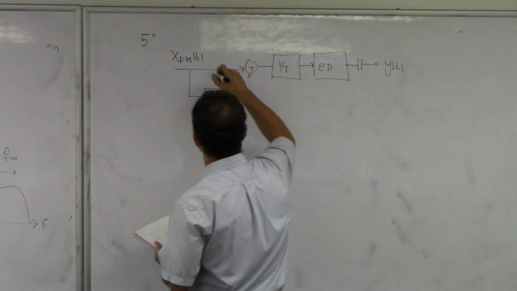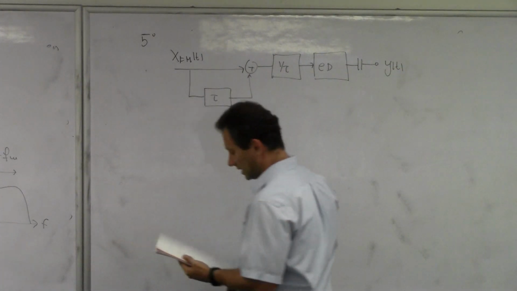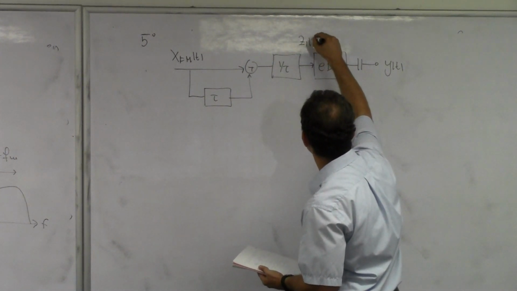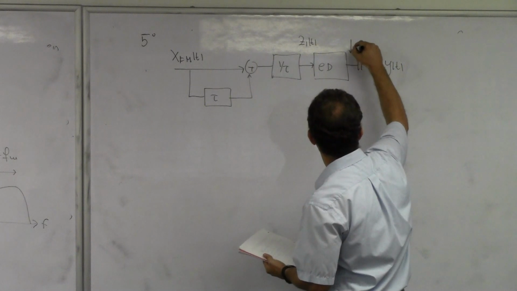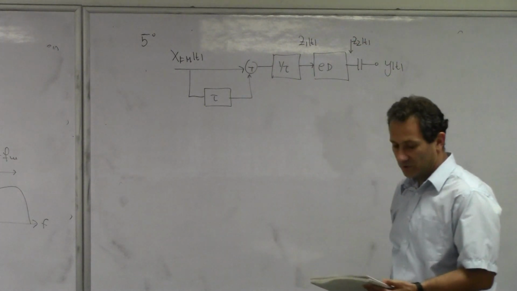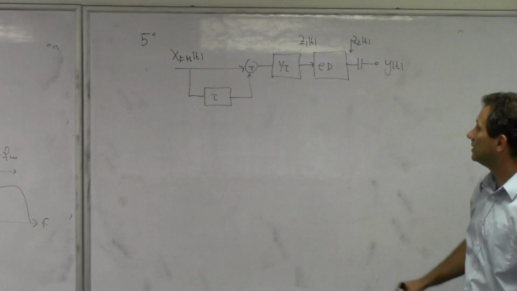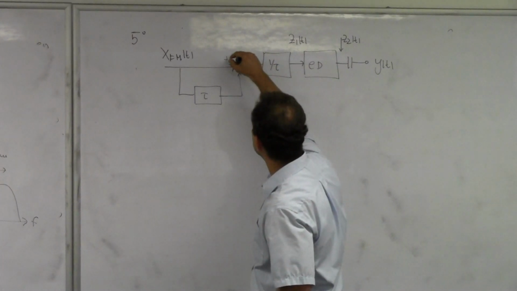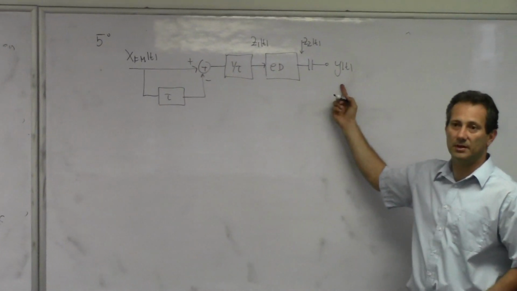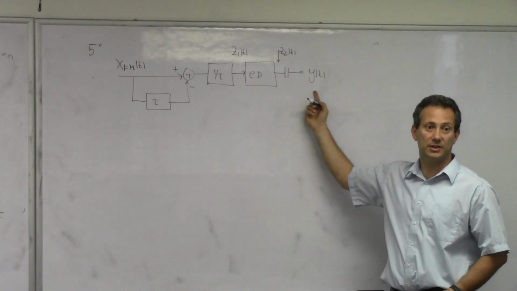It says here, demonstrate that this circuit can be used as an FM demodulator. Let me call this Z1 of t, and here Z2 of t. So my Y of t needs to be proportional to my message signal.